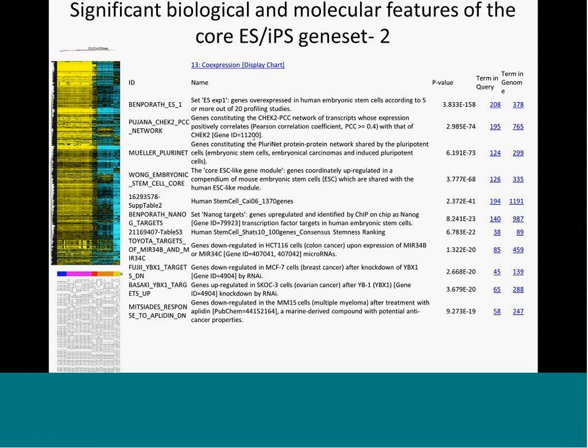Okay, and then there's other interesting things in MSigDB about correlating with key regulators. So these differences from these stem cell signatures, the Nanog targets. Okay, look at the Nanog targets.